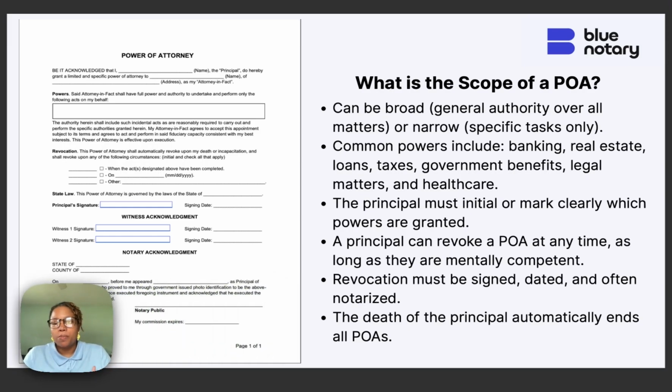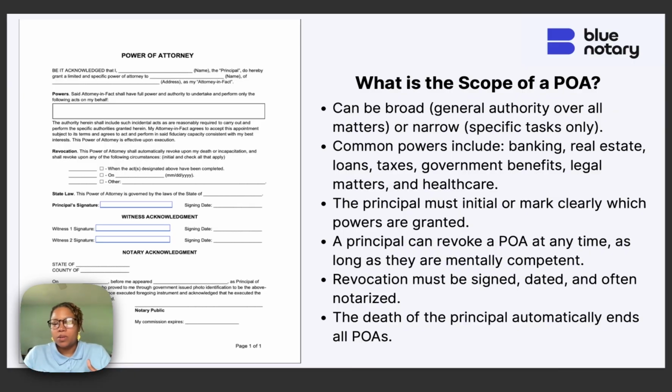So, what is the scope of a power of attorney? What does it cover? So, it can be broad. You can give a person general authority over all matters, or it can be narrow, meaning only these things can be done. So, like if someone needs to act on your behalf to buy a car, that's the only thing they can do.